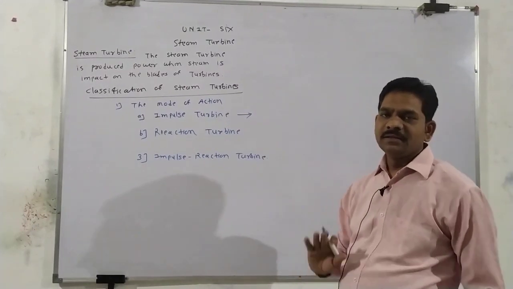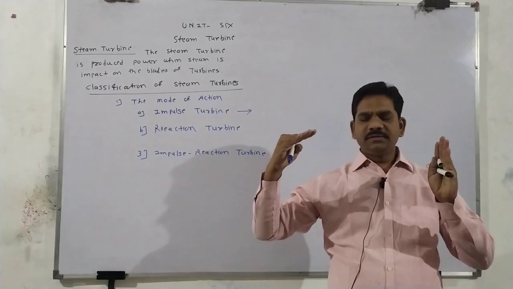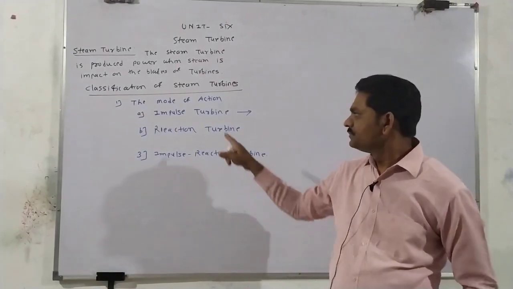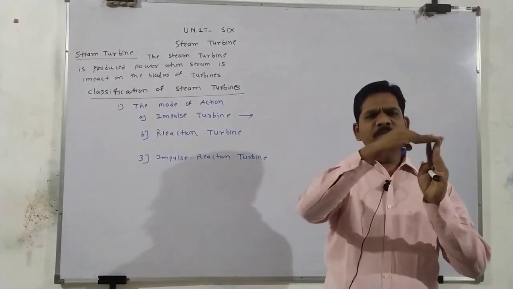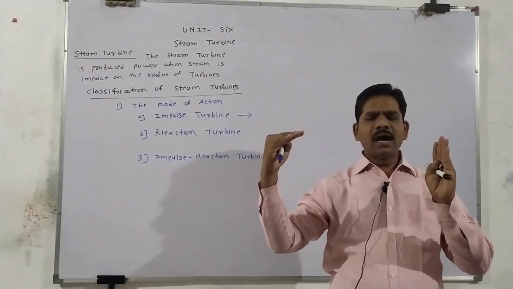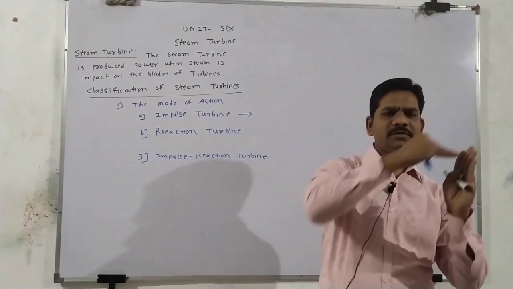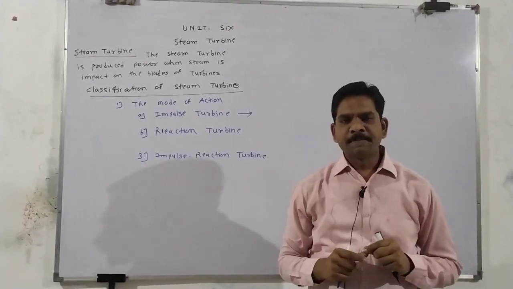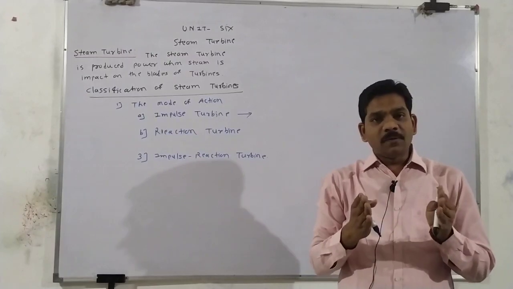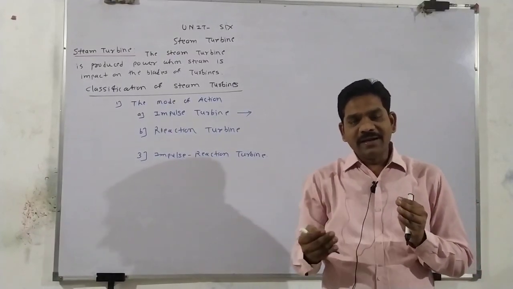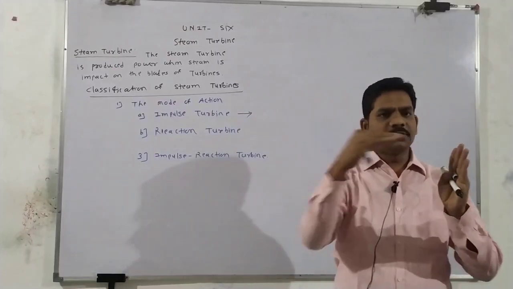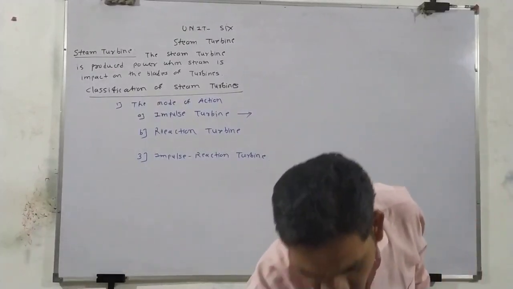In an impulse turbine, the steam directly strikes the blades of the turbine. It means that is the impact, right? The high impact of steam striking the blades is nothing but the impulse turbine. The pressure energy of the steam is converted into kinetic energy, and this high kinetic energy of steam strikes the blades, and the turbine starts to rotate.